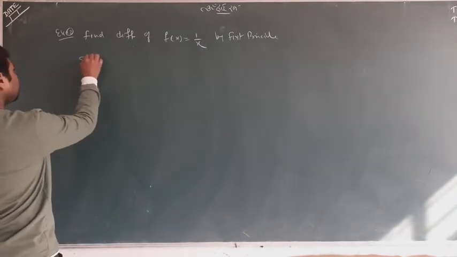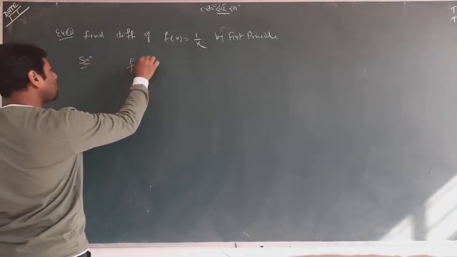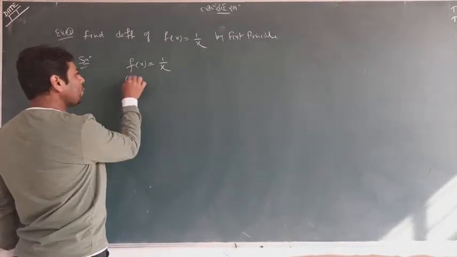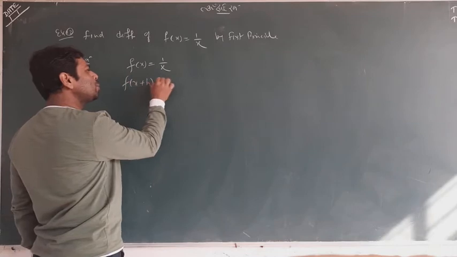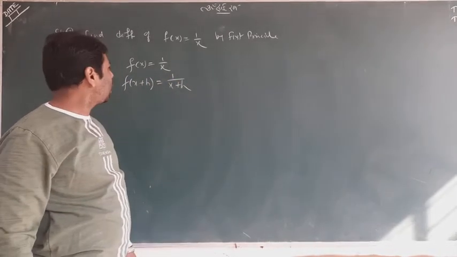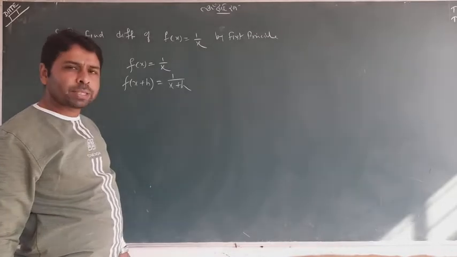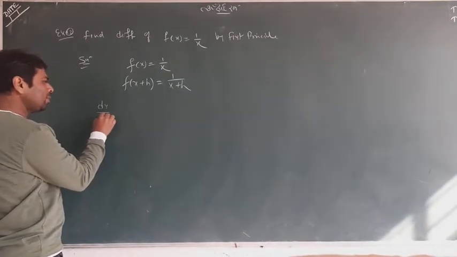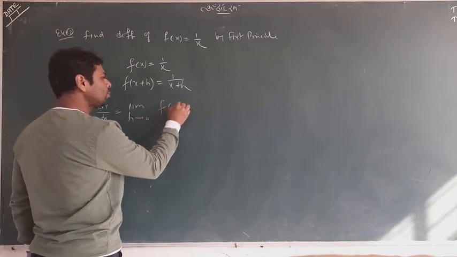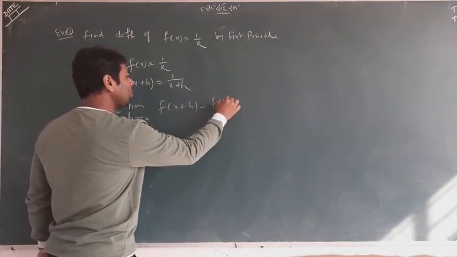Okay, look at it. First of all, you write your function 1 by x and then write f of x plus h, because by first principle you know that this term is always coming. So f of x plus h equals 1 by x plus h. Then dy by dx will be, by the formula, limit h tends to 0, f of x plus h minus f of x upon h.